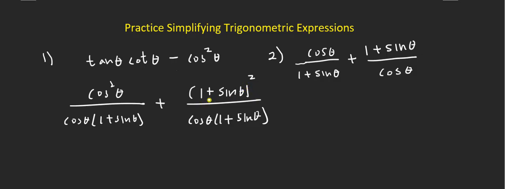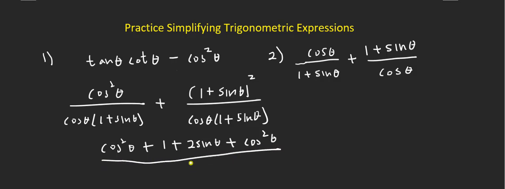Now, what is quantity 1 plus sine theta squared? That's 1 plus sine theta times 1 plus sine theta. So when you multiply it out, you're going to get 1 plus 2 sine theta plus sine squared theta, all over cosine theta times quantity 1 plus sine theta.